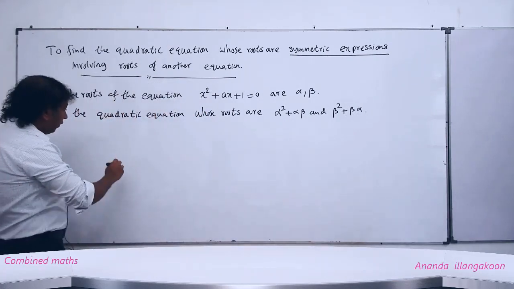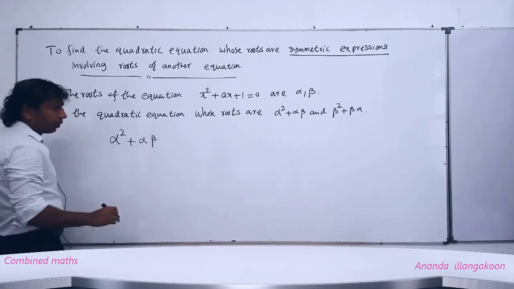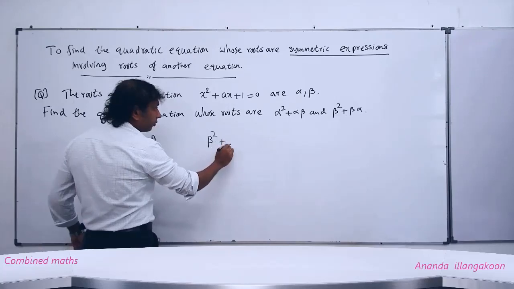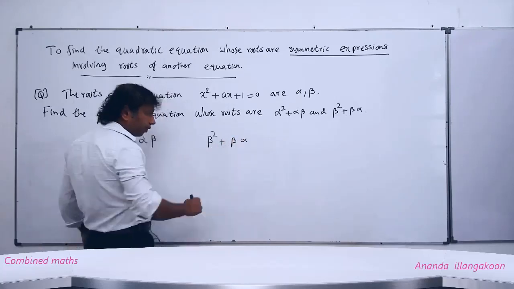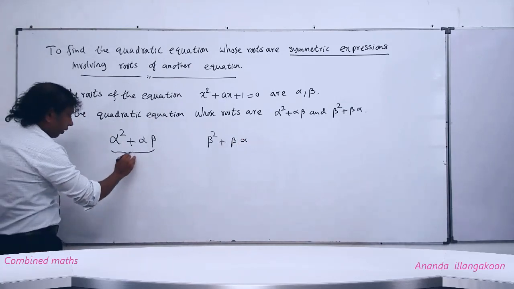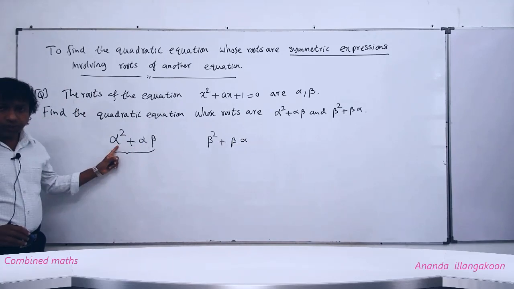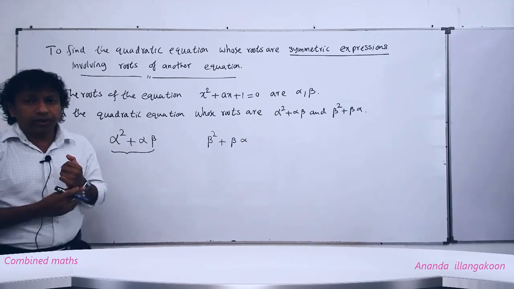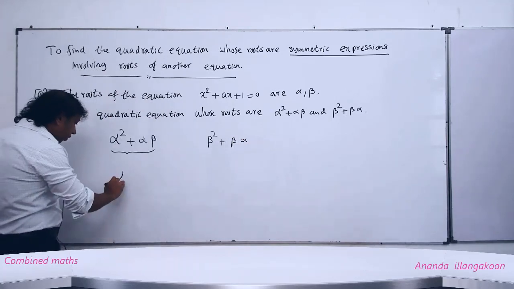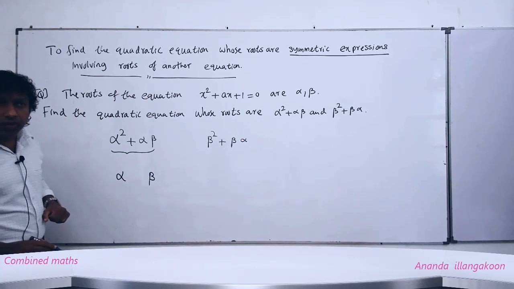Take one root given here. You can very clearly understand in this expression there are two letters, alpha, beta. Now I write like this, alpha, beta.